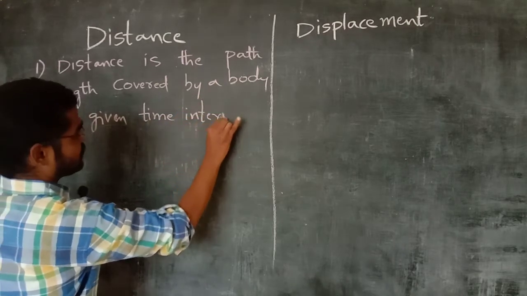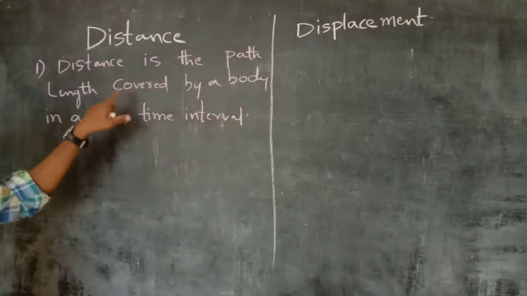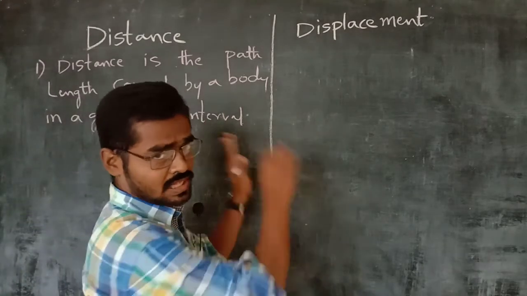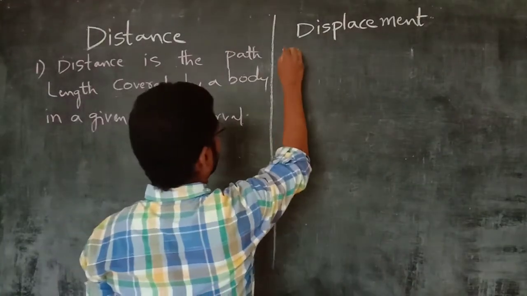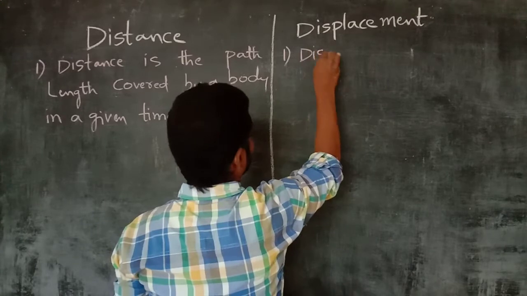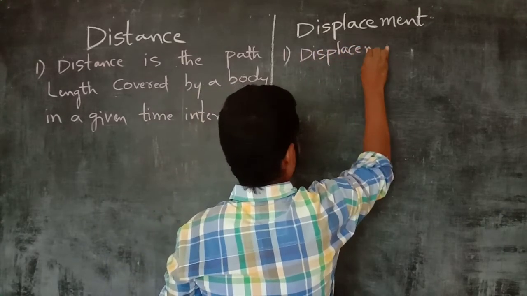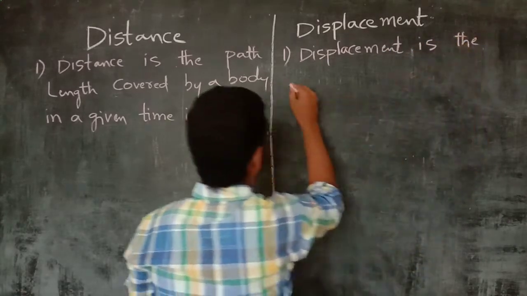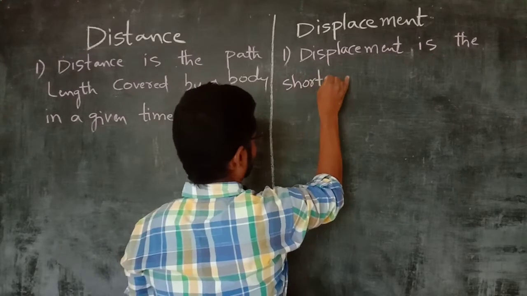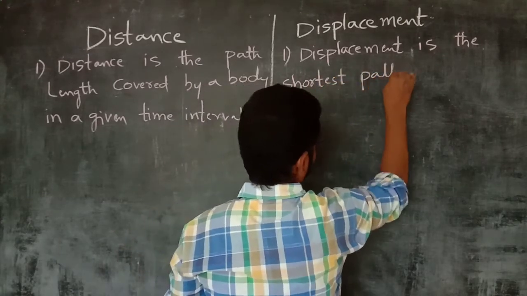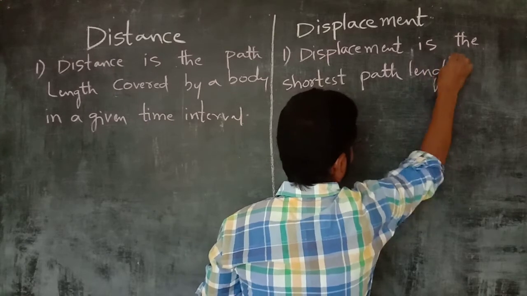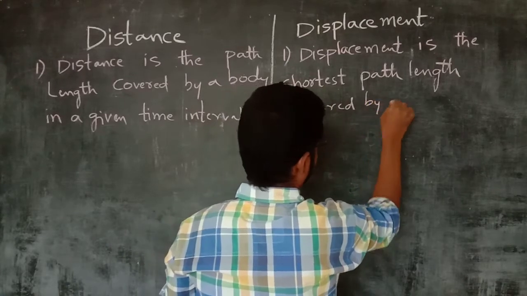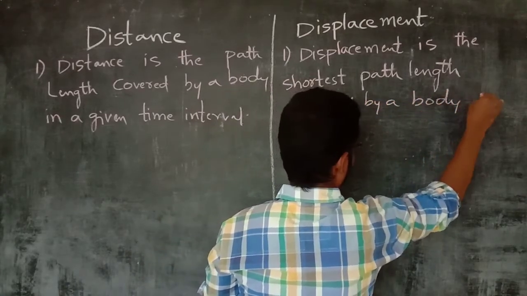Then what can you tell about displacement? It is also the path length, but the shortest path length. It is the shortcut. Just you join the initial point and final point. So displacement is the shortest path length covered by a body in a given time interval.